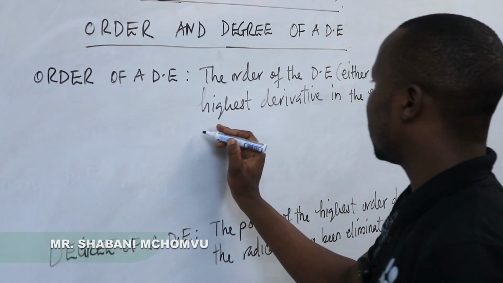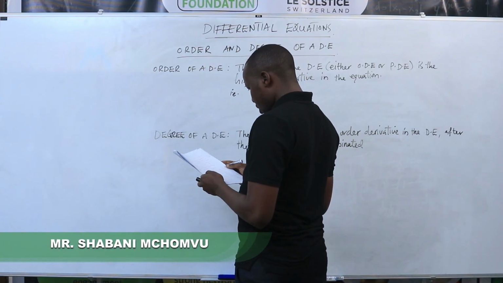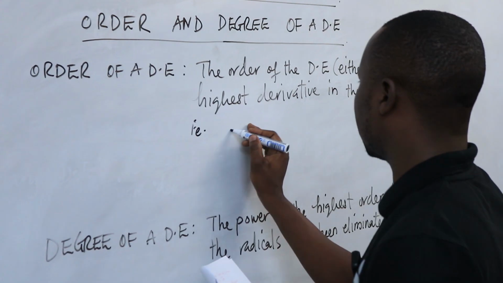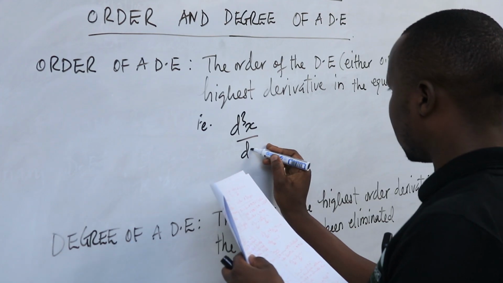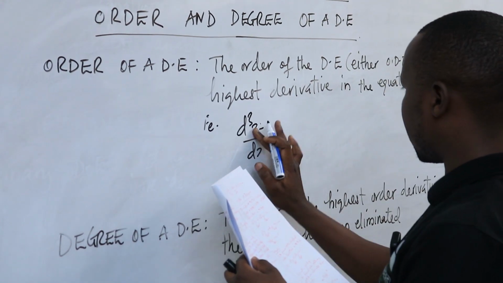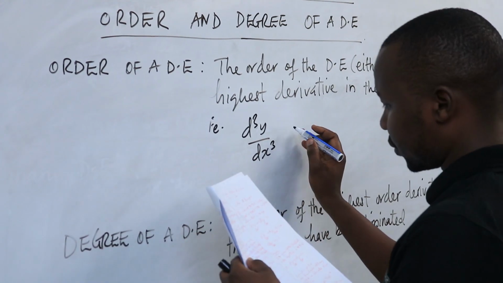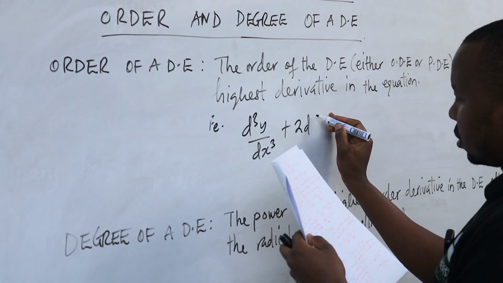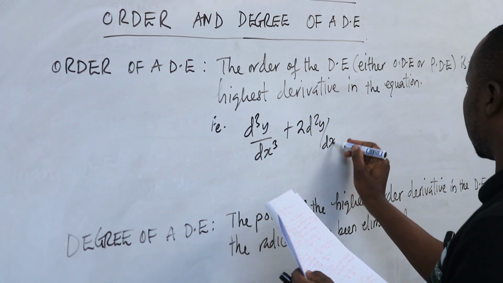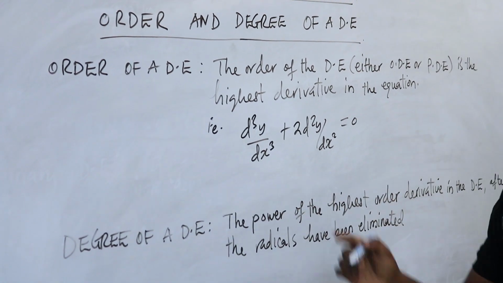For example, let's say the third derivative of y with respect to x, plus 2 times the square root of y, equals 0.